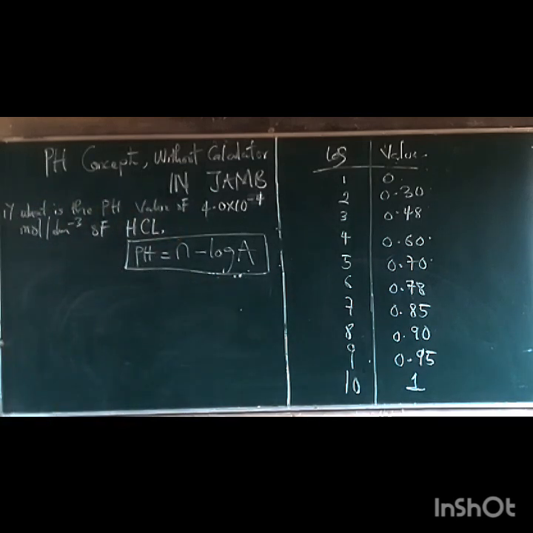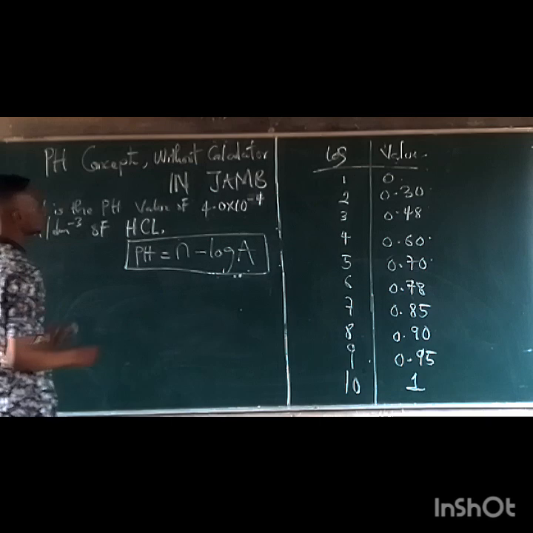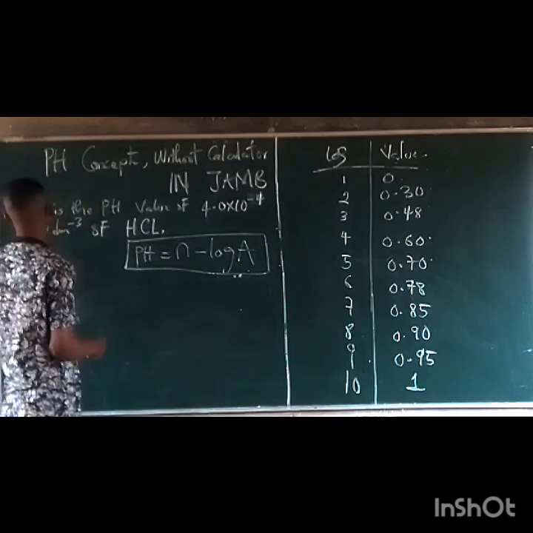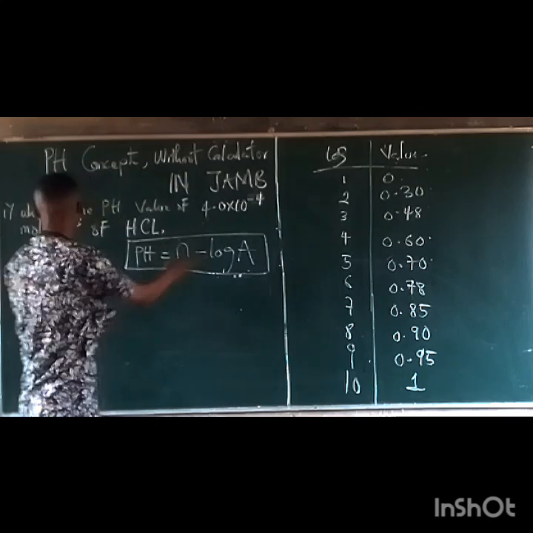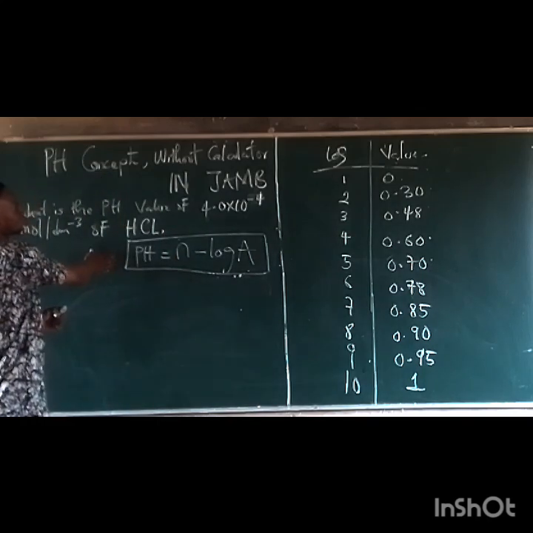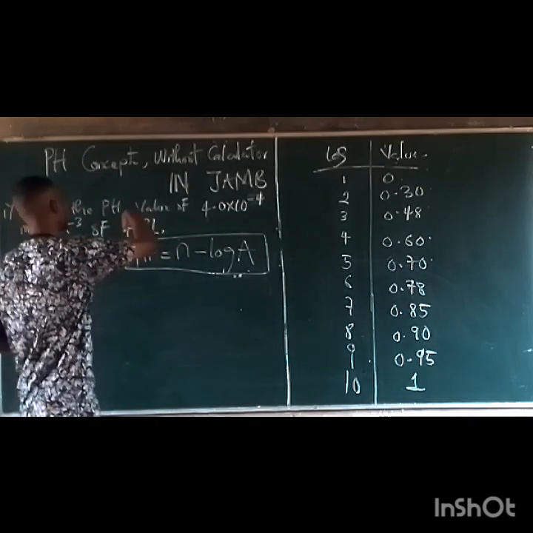Let's see how this formula is going to work. For example, let's solve this question: what is the pH value of 4.0 times 10 to the power minus 4 mole per dm cubed of hydrogen chloride?